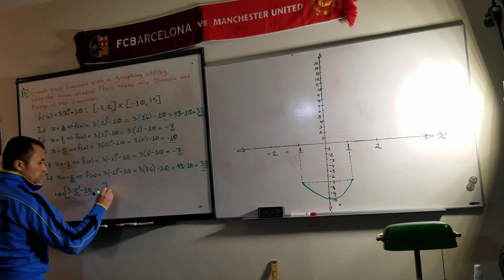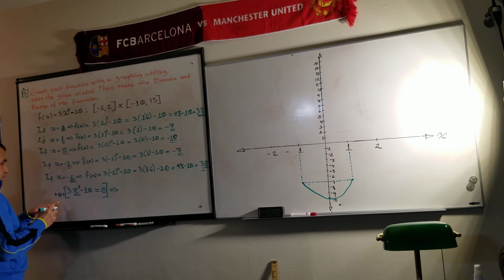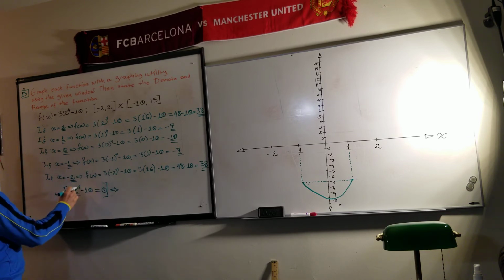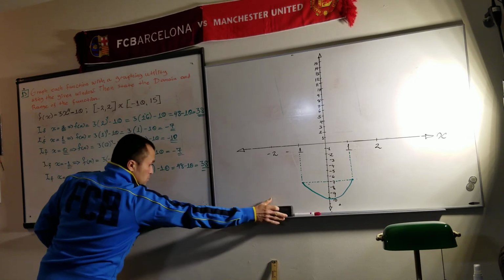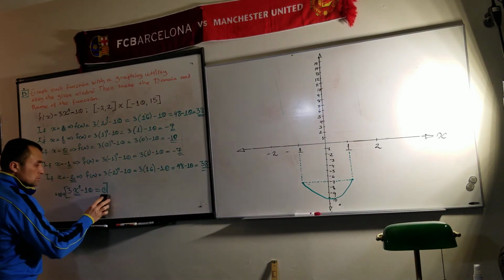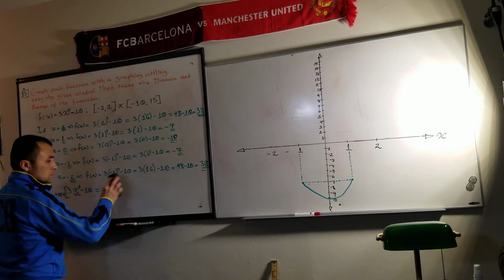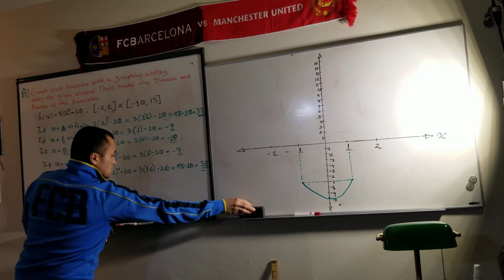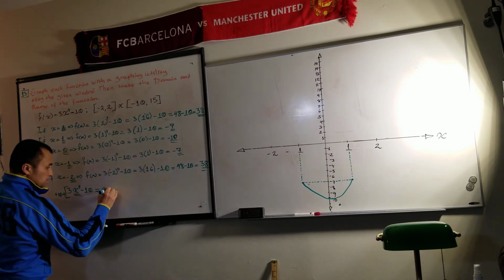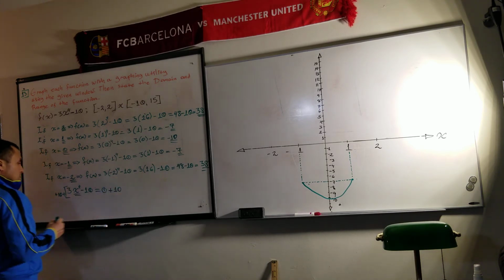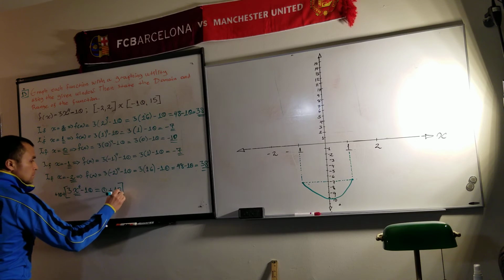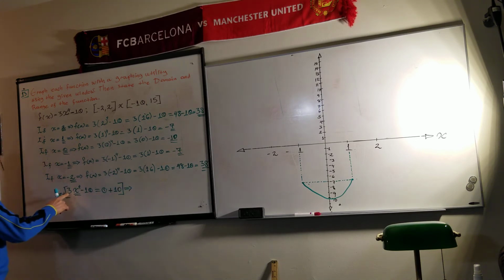Let's see what happens. Then we're going to have 3x to the 4 minus 10 plus 10.